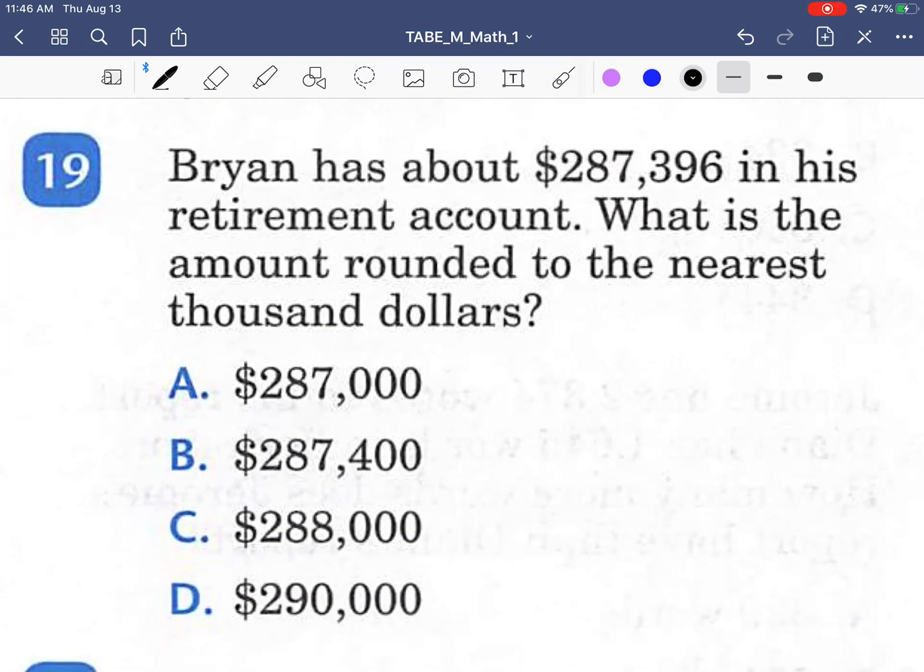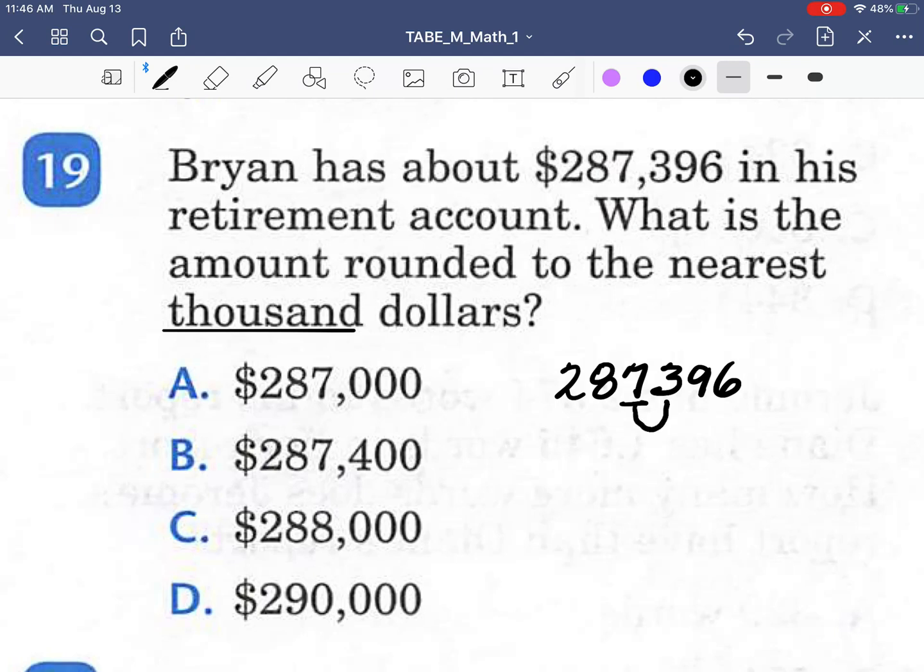Number 19. Brian has about $287,396 in his retirement account. What is that amount rounded to the nearest $1,000? So I have 287,396. Point of reference is 1,000. Right there.